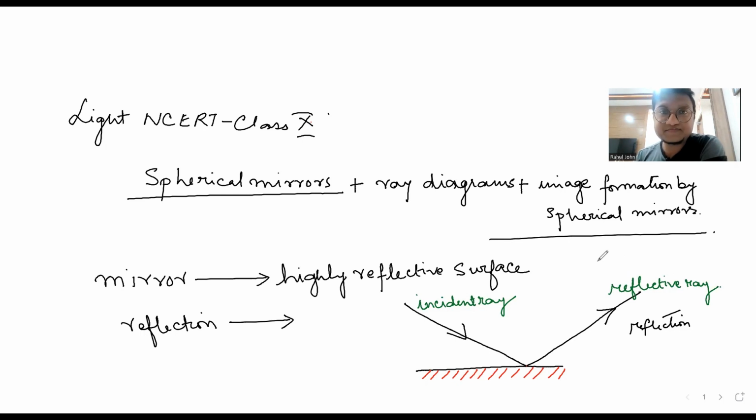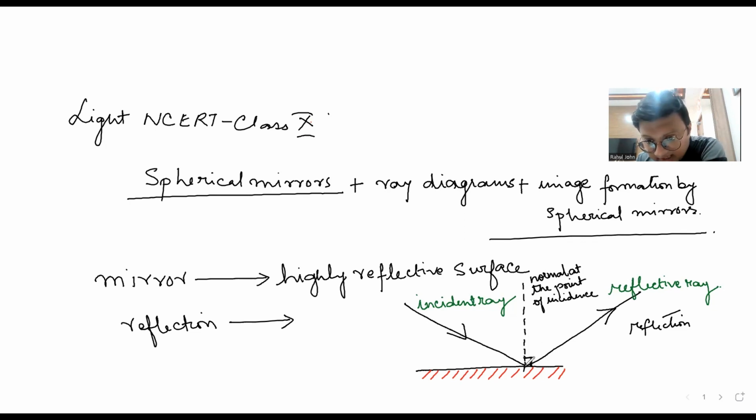I hope this is clear. And the point where the light strikes the interface, at that point, if we draw an imaginary line, which is perpendicular, perpendicular means 90 degree, with the interface, this is called the normal at the point of incidence.